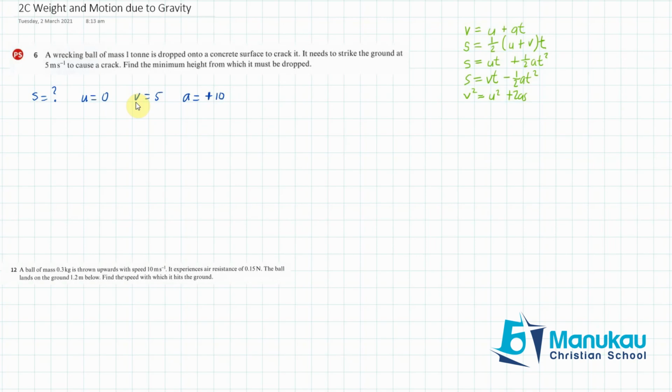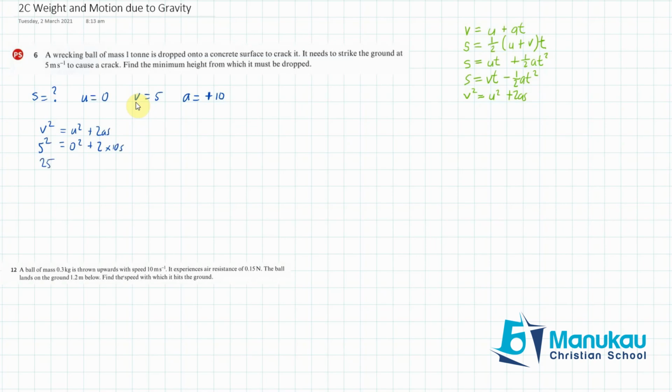Okay, well, I think we have all we need here. Let's just have a quick check. Okay, I reckon we can use v squared equals u squared plus 2as. So this should be 5 squared equals 0 squared plus 2 times 10s.